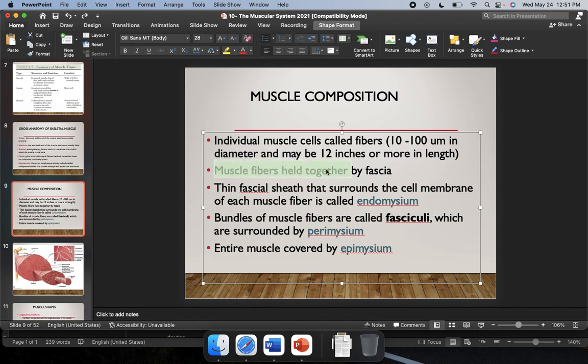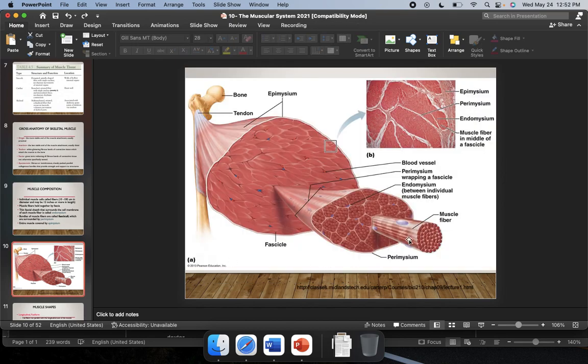The muscle fibers are held together by a fascia, again, a very nondescript term. A more descriptive term is this one: the thin fascial sheath that surrounds the cell membrane of each muscle fiber is called an endomysium. Endomysium is on our words list for this unit. So this muscle fiber will be surrounded by an endomysium. You can see they've outlined it here.